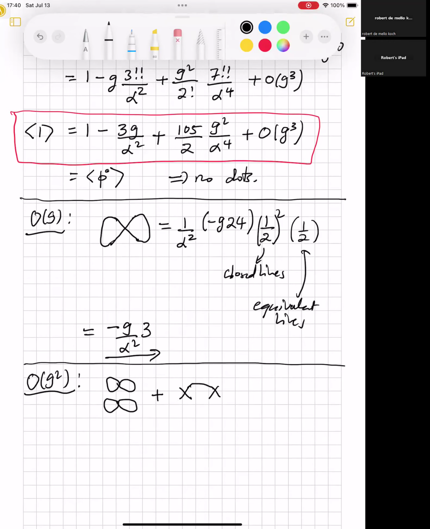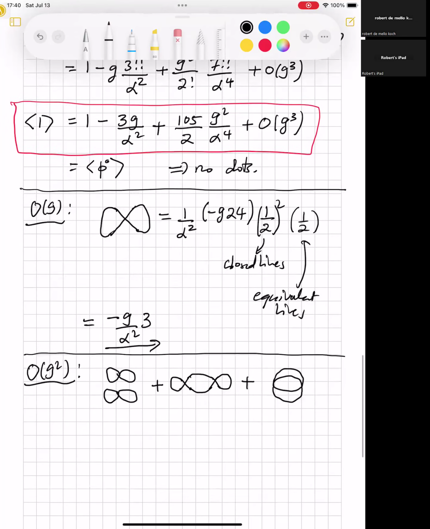So we connect 2 legs on the first vertex to 2 legs on the second vertex, and we then close the remaining legs on the 2 vertices. And finally, we can connect all 4 legs between the 2 vertices. And that's it. That's the only thing we can do. We can have no legs joining the 2 vertices, 2 legs joining the 2 vertices, or all 4 legs joining the 2 vertices. There's nothing else. So convince yourself of that.